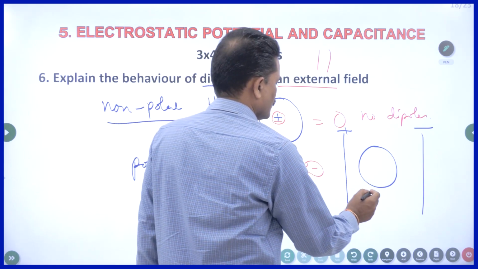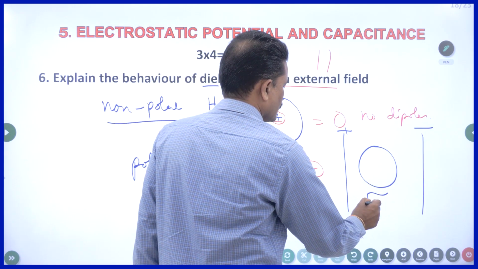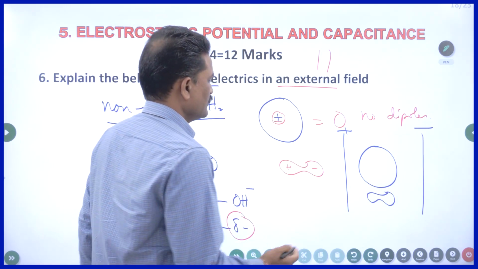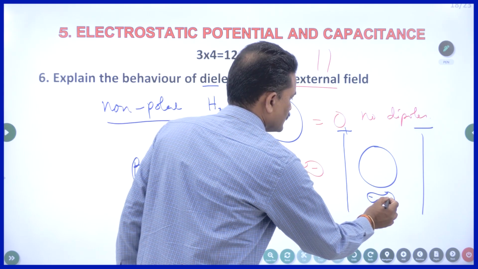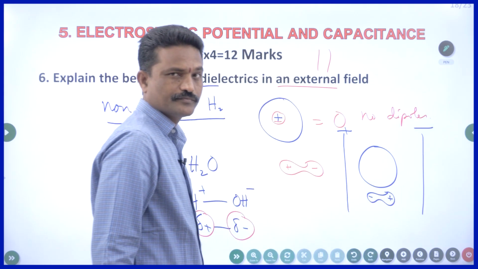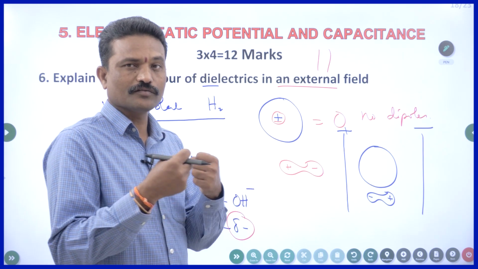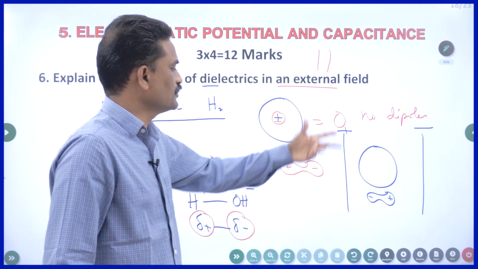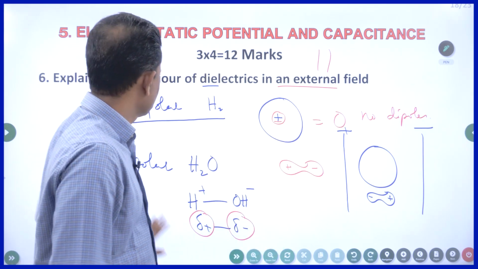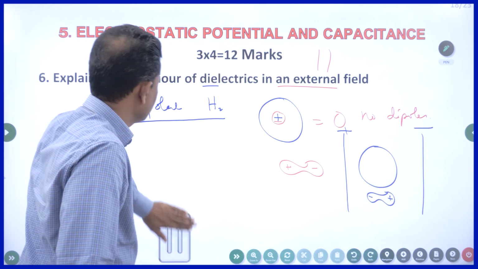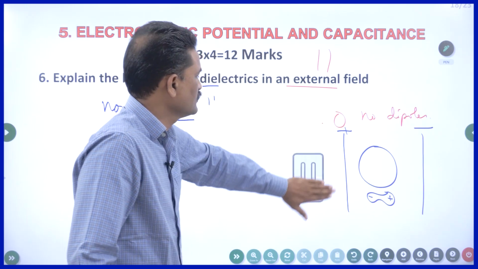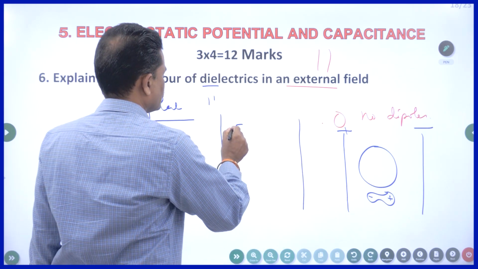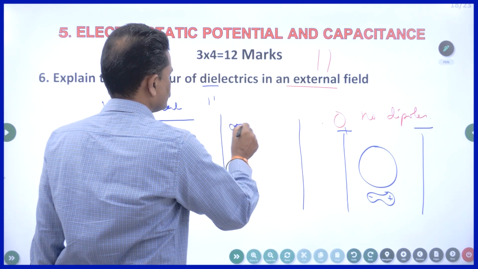So, this will become slightly elongated, and a negative charge is created here, a positive charge is created there. Previously, they were coinciding at the same point. Now, slightly separated. So, dipoles are created. So, when I place a non-polar substance in between the plates, then I will get small dipoles.